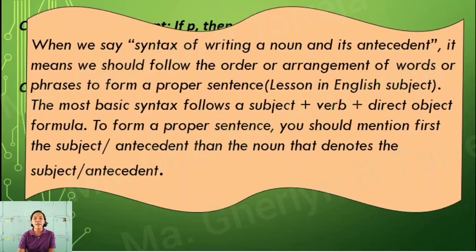So, this is your lesson in English subject. The most basic syntax follows a subject plus verb plus direct object formula. So, to form a proper sentence, you should mention first the subject or the antecedent, then the noun that denotes the subject or the antecedent.